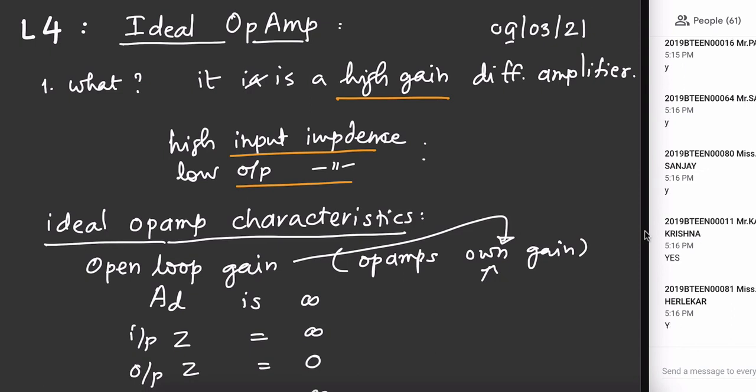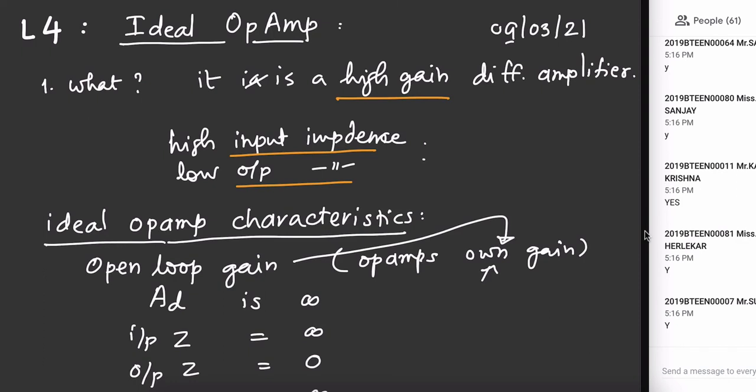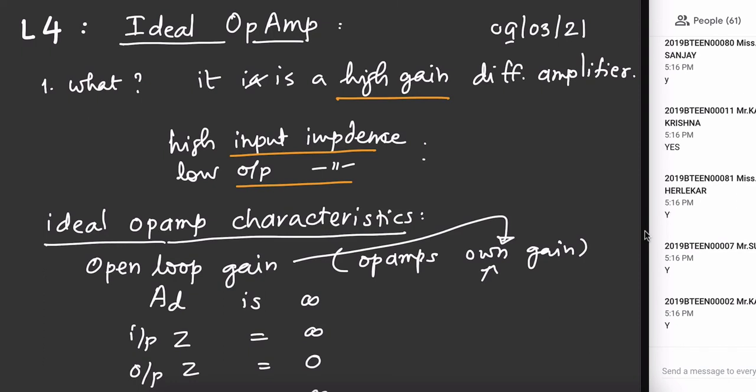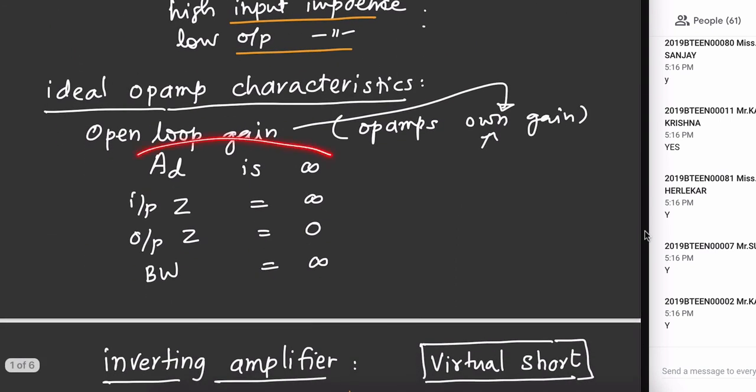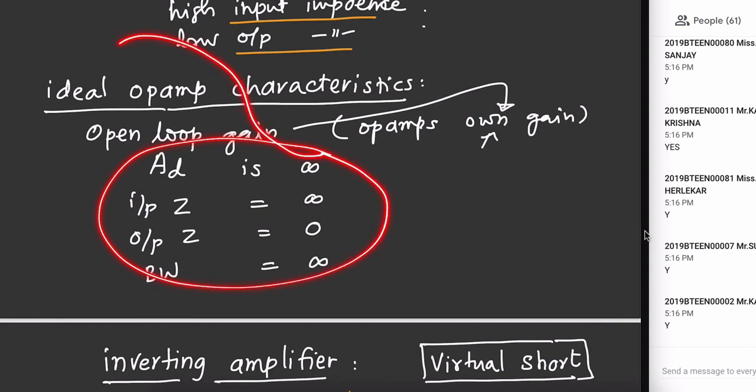We may not know some answers, we accept that, but we start exploring why, and then we'll come to those answers. Anyway, so high input impedance we have assumed, low output impedance we have assumed, and these are the characteristics of the ideal op-amp.